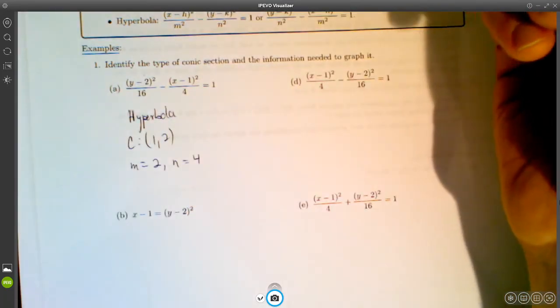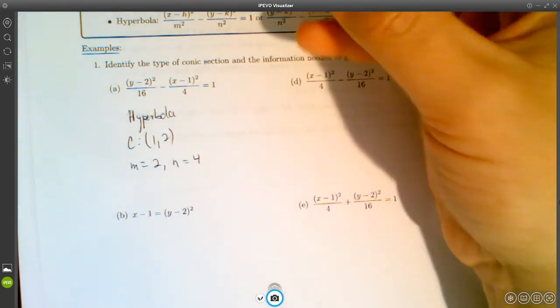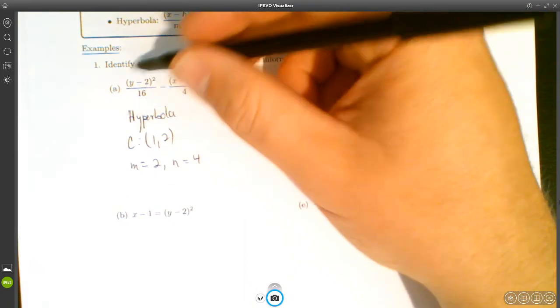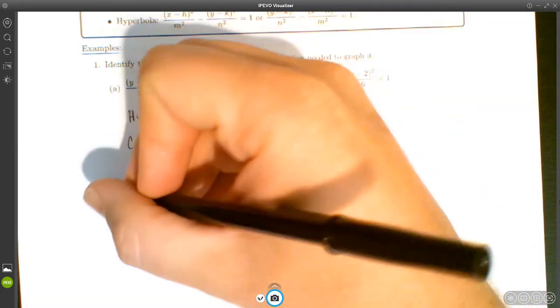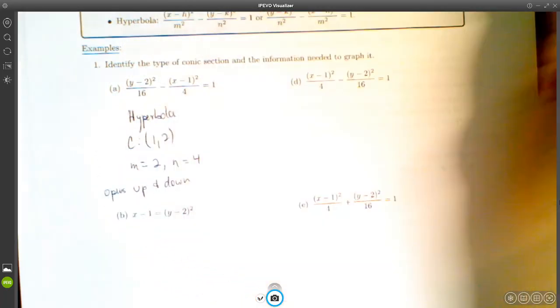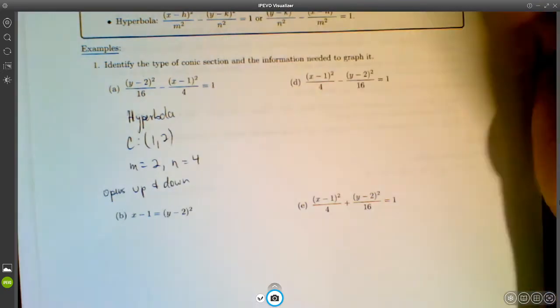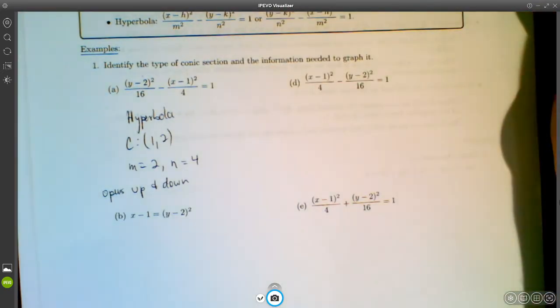And then finally, for a hyperbola, you need to identify if it opens left or right, or if it opens up and down. In this case, since the y group leads, this one opens up and down. Okay, so with that information, you should be able to graph this hyperbola pretty easily.